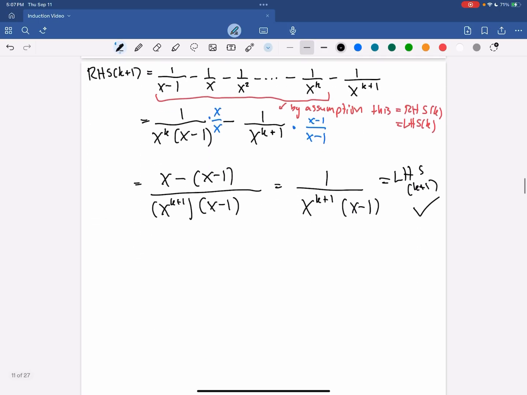And so here we've shown that P(k plus 1) follows from P(k).